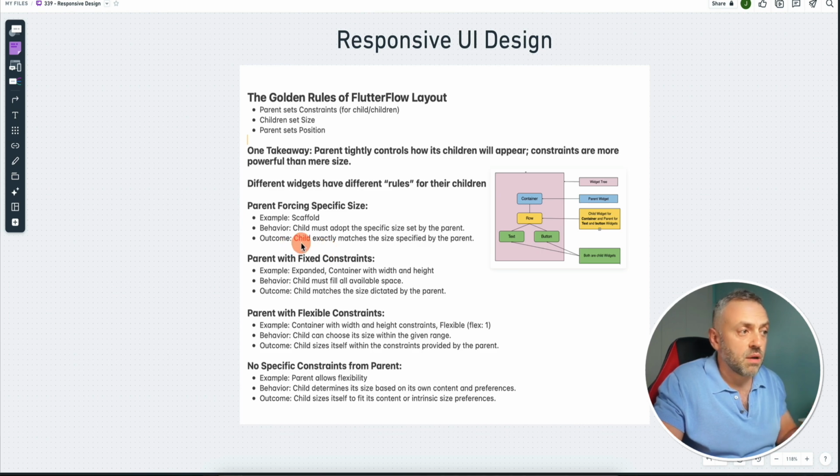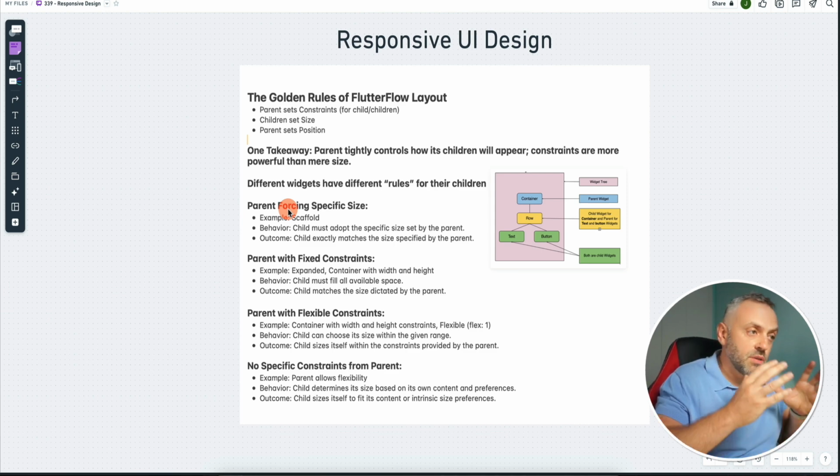The outcome is that the child exactly matches the size specified by the parent. In this scenario, the parent is being very, very strict. It's being very forceful. It's not telling the child, hey, you can do whatever you want. It's telling it, you cannot do whatever you want. You're going to do exactly what I say. So this is one scenario.